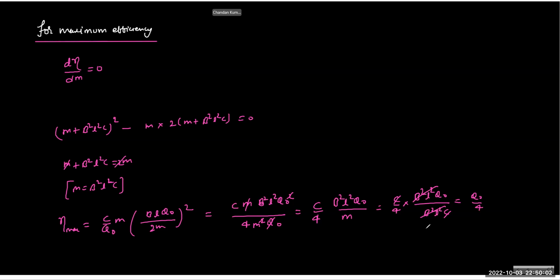My bad. So B square is equal to Q naught square. And QC by Q naught.